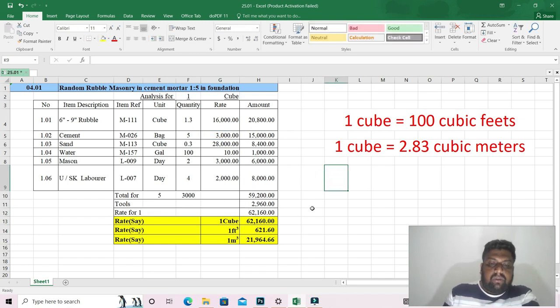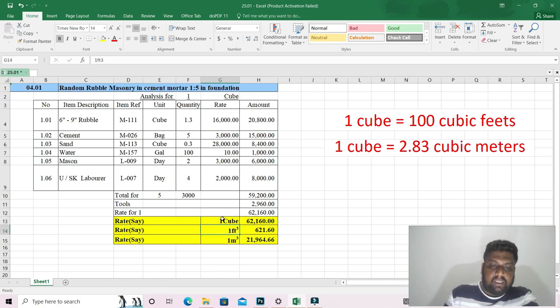Now we have calculated the cost for 1 cube. That means to construct 1 cube, that is 100 cubic feet, of full rubble work, it will cost 62,160.